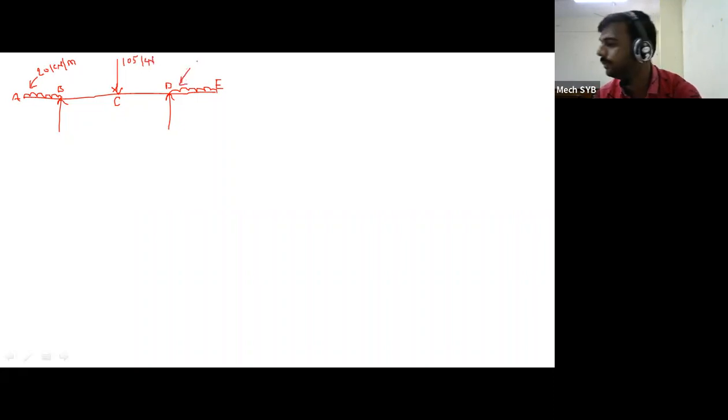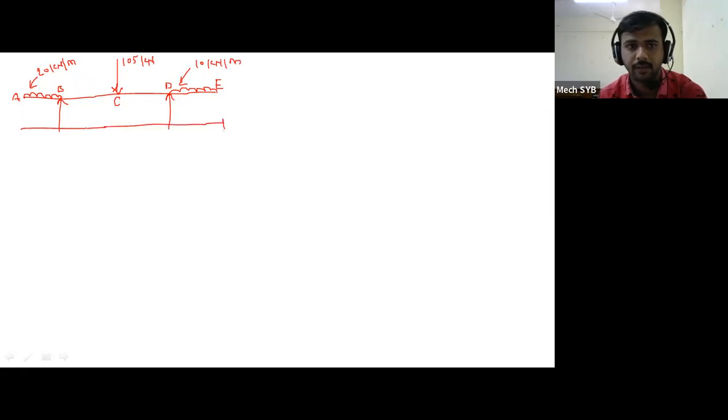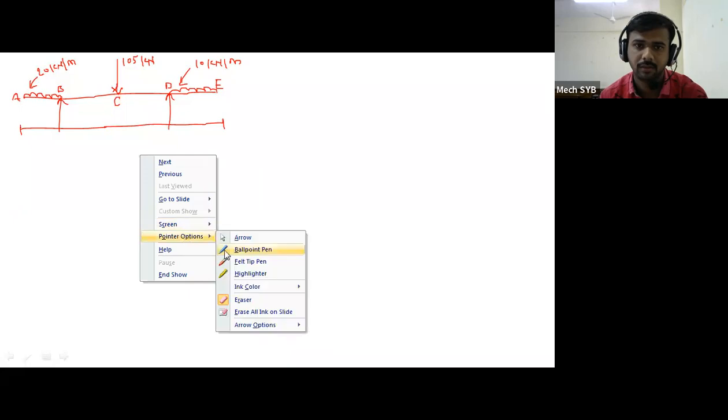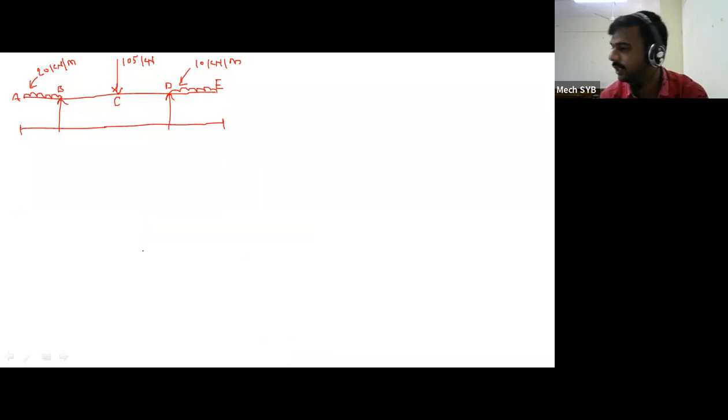The second UDL given is 10 kilonewton per meter. These are the important dimensions given. First, the AB distance is 1 meter.